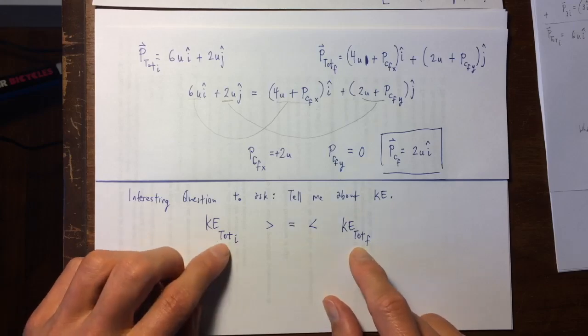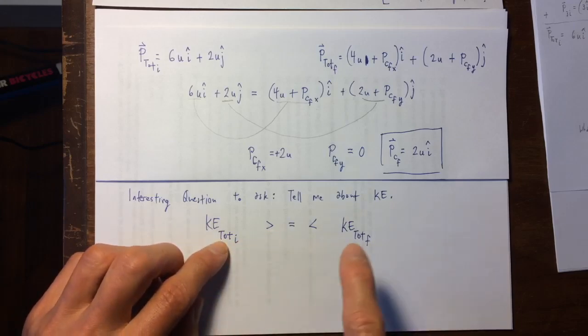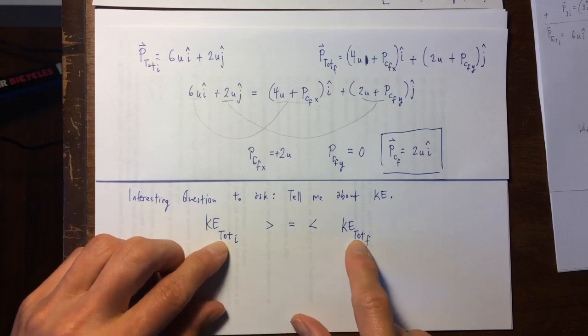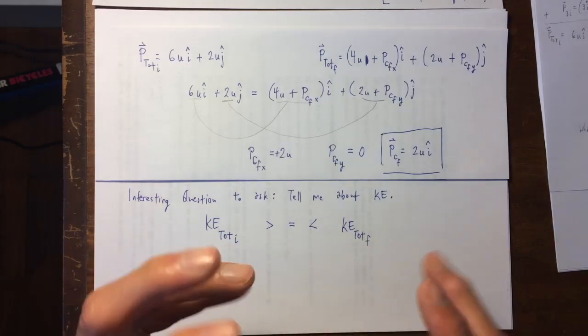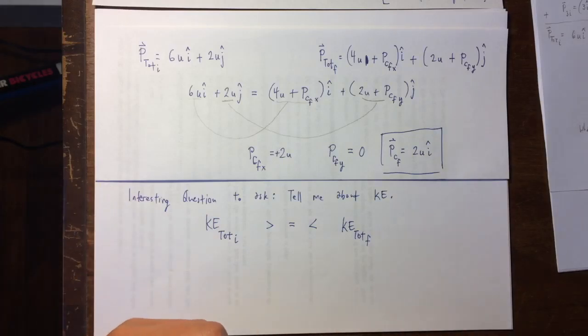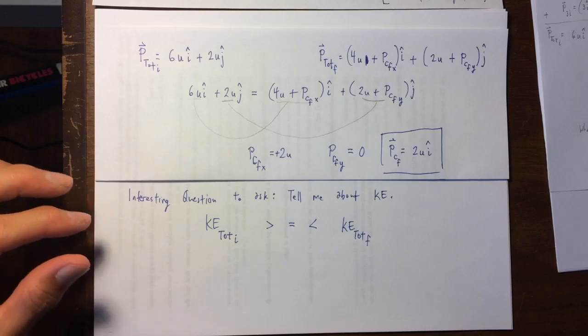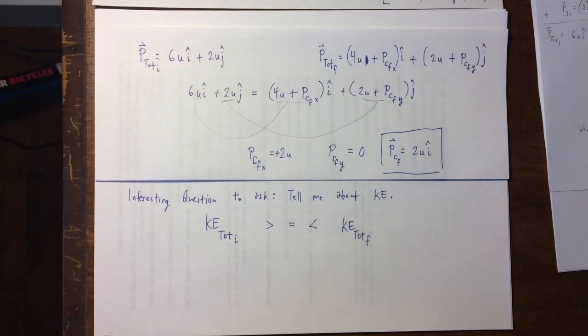And if the total kinetic energy before is bigger than the total kinetic energy afterwards, then somehow kinetic energy got lost a little bit. It must have gone somewhere else. Maybe it got stored in a potential way, or got what's called thermalized into energy associated with a temperature rise, or even, honestly, a chemical change. Lots of different ways for kinetic energy to seem to disappear and become a different form of energy.